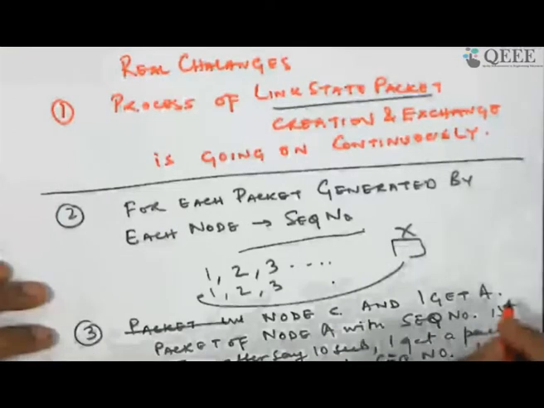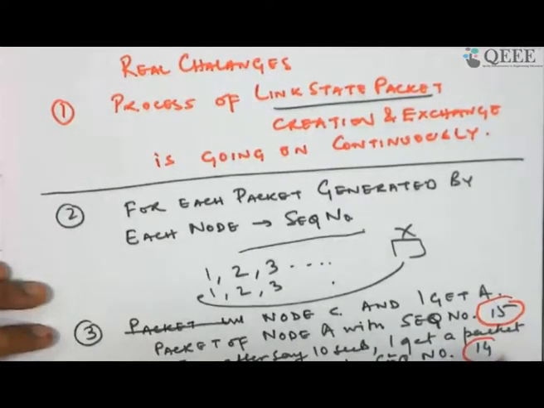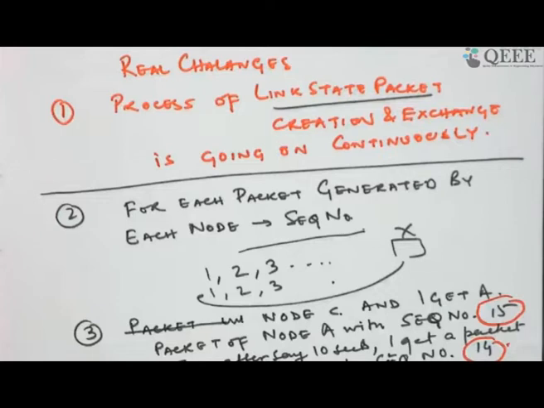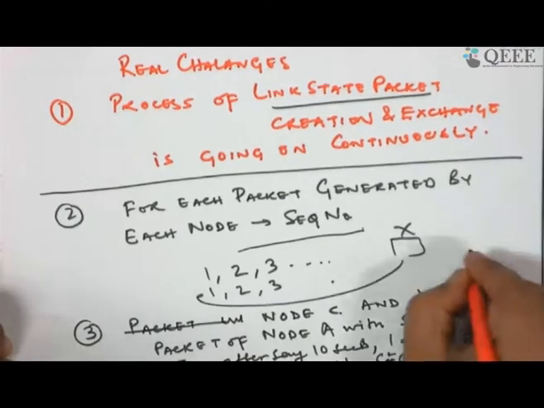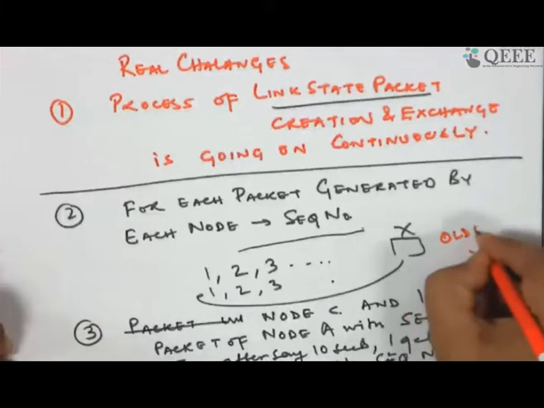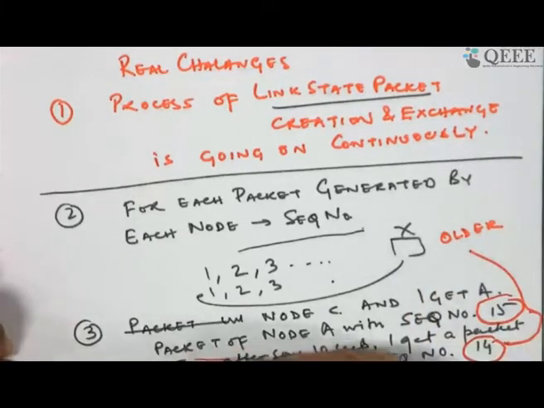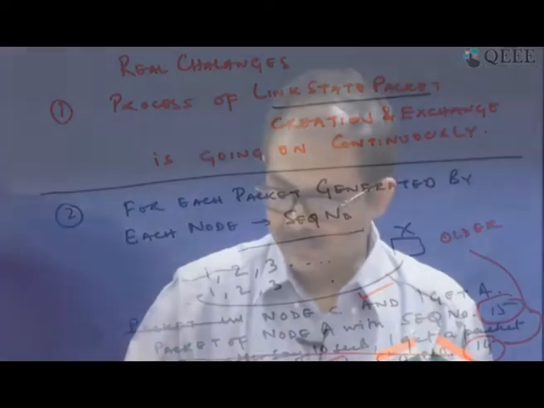I will immediately understand that 14 is an older packet. So, I will discard 14 and keep 15. That is why the sequence number is important.